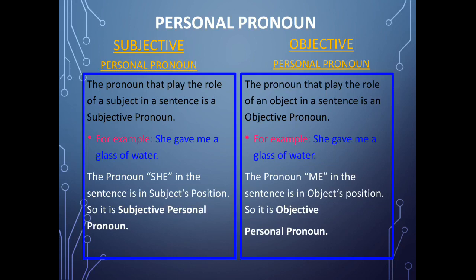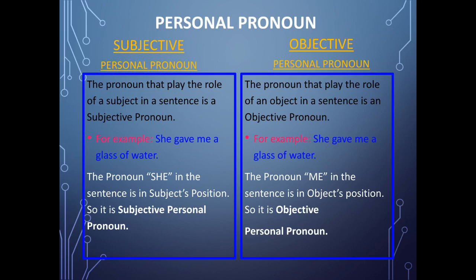We can divide personal pronoun into two types: subjective personal pronoun and objective personal pronoun. The pronoun that plays the role of a subject in a sentence is a subjective pronoun. Similarly, the pronoun that plays the role of an object in a sentence is an objective pronoun.